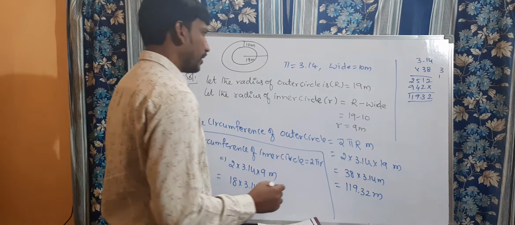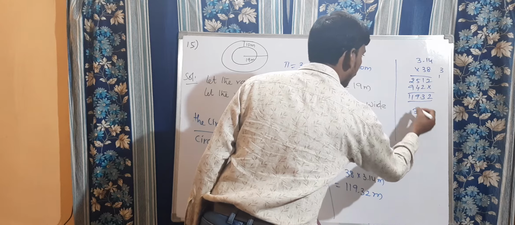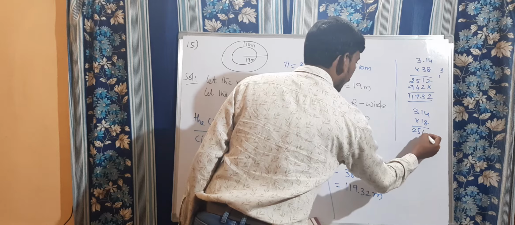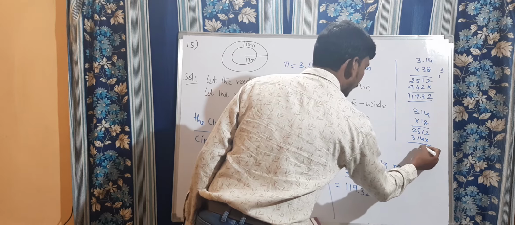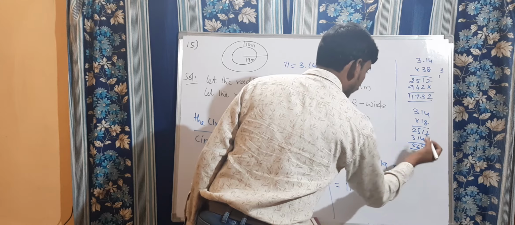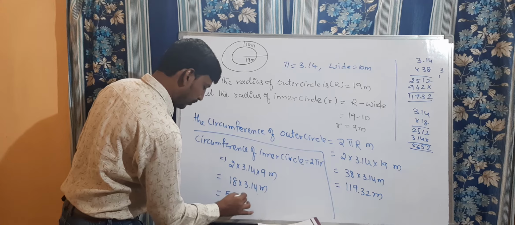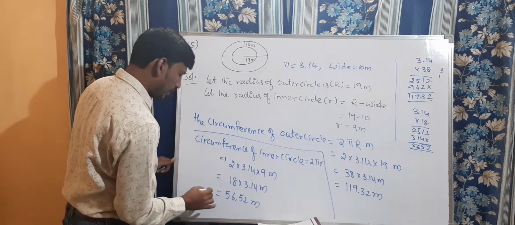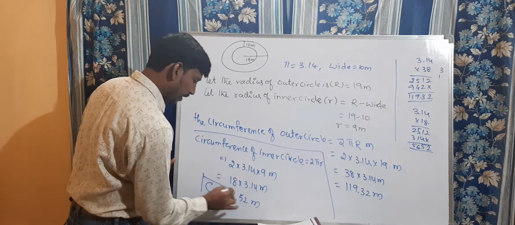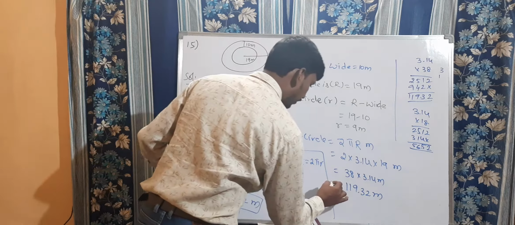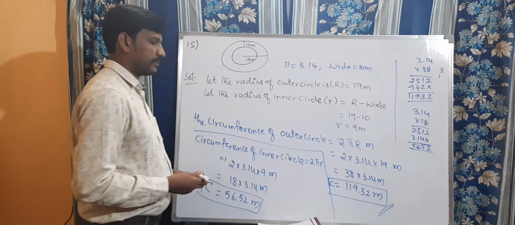Now multiply 3.14 into 18. So when we multiply by 8 you will get 2512, right? So when we multiply with 1, 3 1 4. So 2 5 6 5 5 6 5 2. So 56.52, which is equal to 56.52 meters. This is the circumference of the inner circle, right? This is the circumference of the outer one, right children? Just copy this.